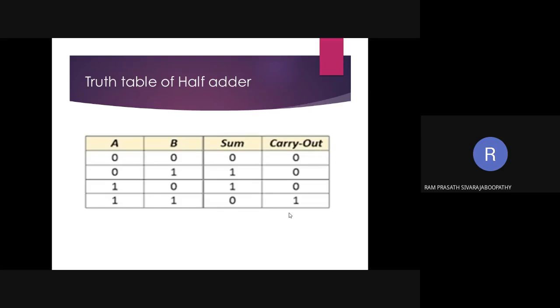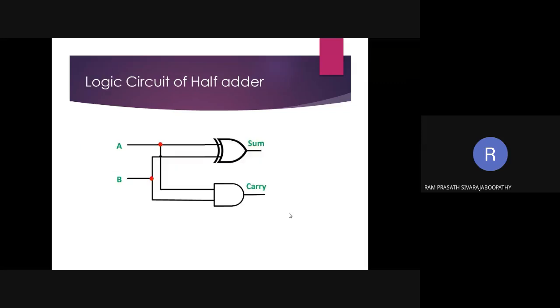Okay, kindly take the truth table of the half adder circuit. Take screenshots of all the slides. I will wait for 5 to 10 seconds. Okay, I will move to the next slide. Kindly note down this circuit. This is very important. This is the only circuit we are going to build. Shall I proceed to the next?